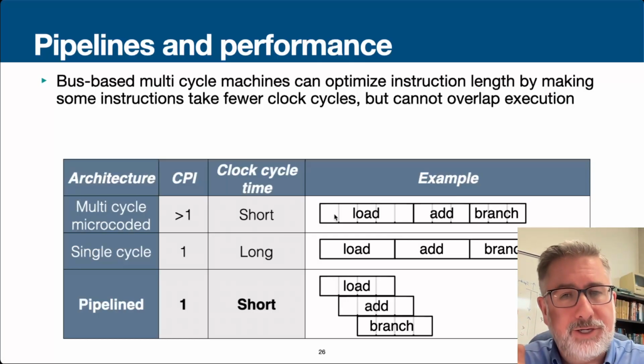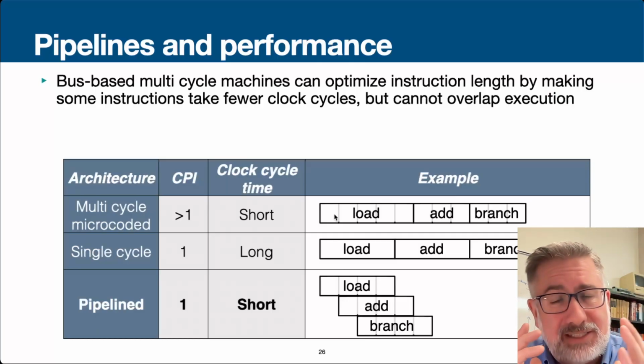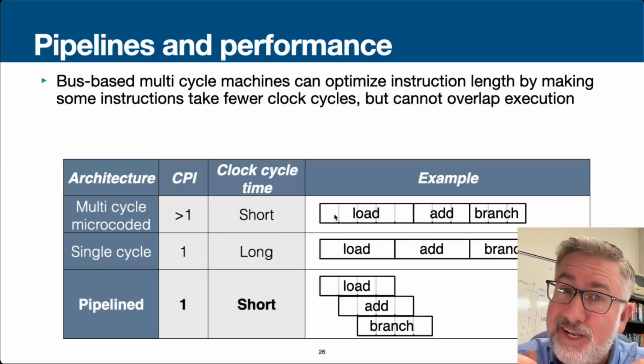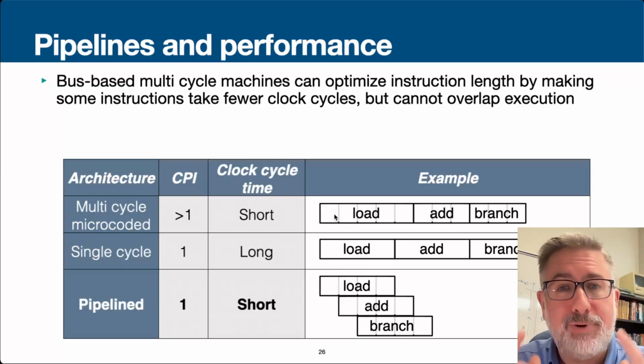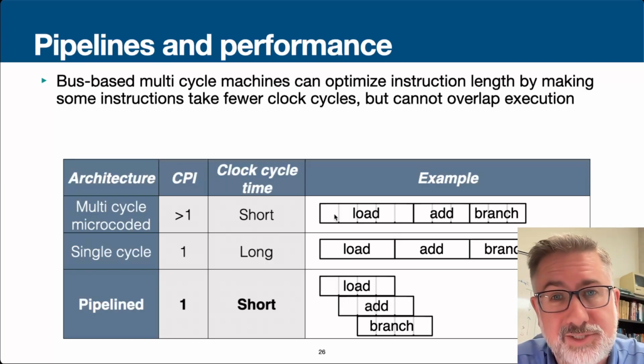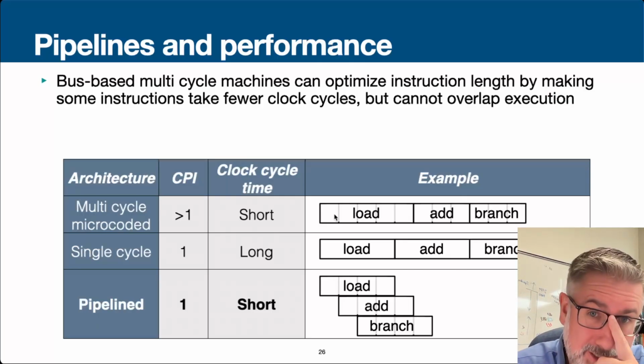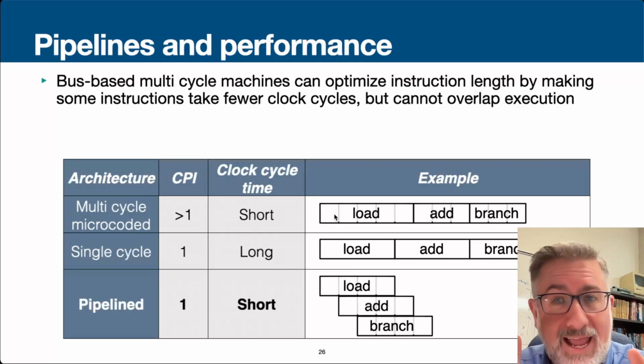Then, if we compare it to the single cycle machine where we're doing everything at once, right, we can optimize a little bit, we can make things faster and more consistent, right? But the clock cycle has to be longer because we have to do register file and ALU and everything else in a single clock cycle. Pipelining really is the best of both worlds because we keep things consistent, right? And we can overlap.